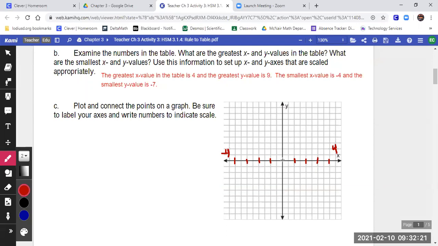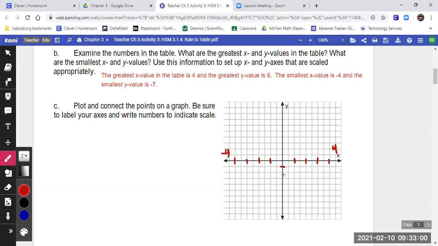How many lines do I have from the center to just before the arrow? 1, 2, 3, 4, 5, 6, 7, 8, 9. Looks like 9. I need to fit -7. Can I do the skip thing? Will that work? To skip and still fit 7? No, so I have to use every line.